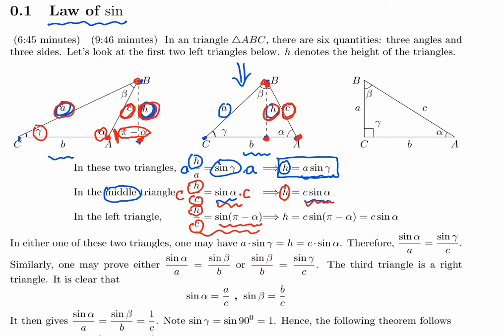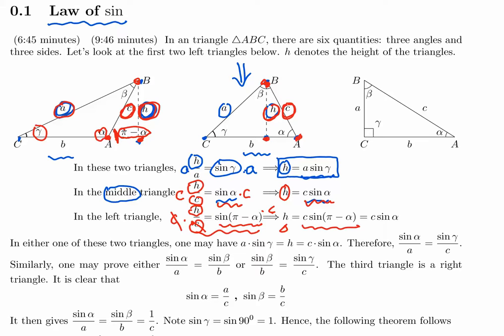Again, both sides times C. You have these two C's cancelled. So you have H alone equals C times sine of pi minus alpha.